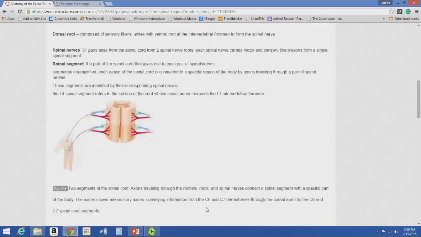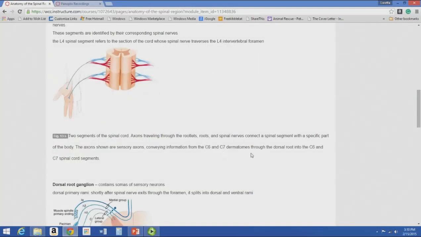So the little diagram shows the C6 and C7 segments. C6 goes out and innervates the thumb and the thenar muscles, and C7 goes out and innervates the second and third finger. So it's the dermatomes coming through the dorsal root and the motor fibers coming through the ventral root.